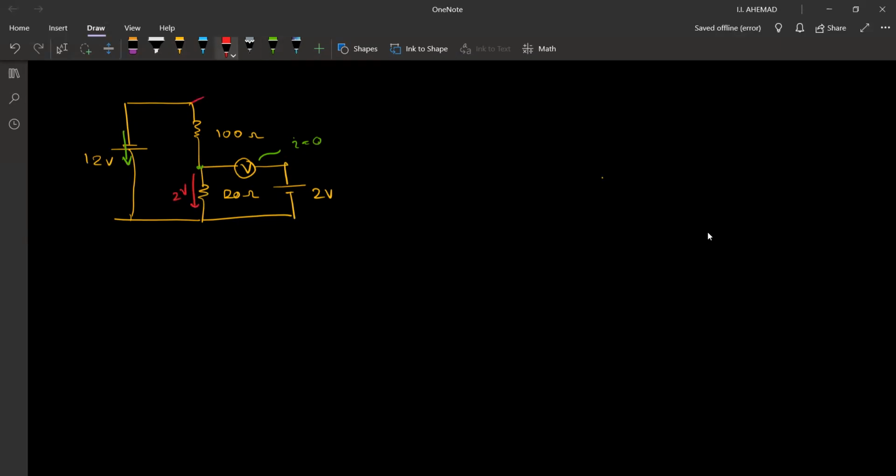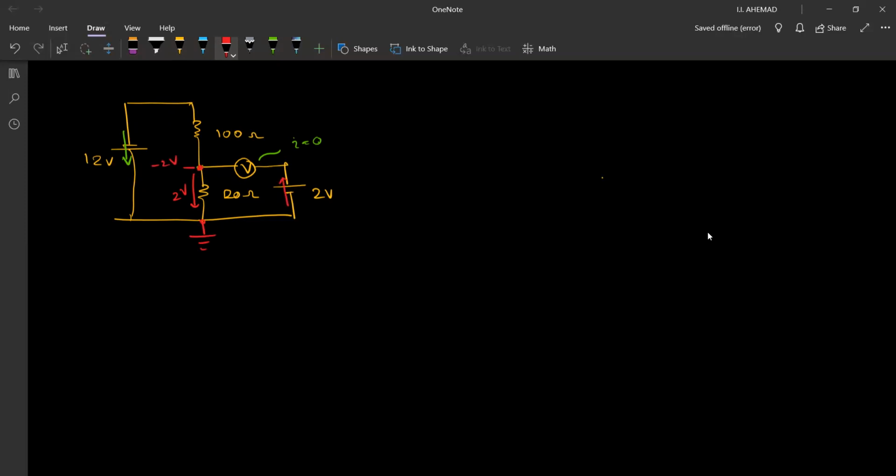I can consider any point as earth. So I'll consider this point to be grounded. If this point is grounded, here the voltage has to be -2 volt. And here we have a battery. So this battery will increase the potential by 2 volt.